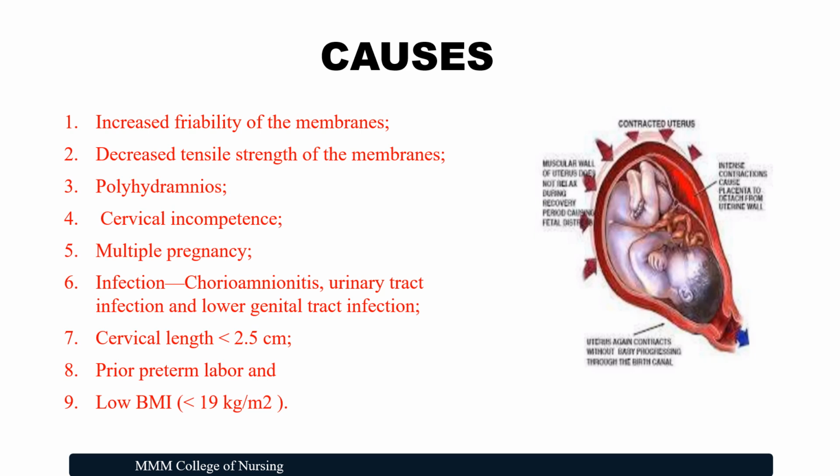In infection: chorioamnionitis, urinary tract infection or lower genital tract infection. Also cervical length less than 2.5 centimeter, prior preterm labor and low BMI, less than 19 kg per meter square. These are some of the causes for premature rupture of membrane.